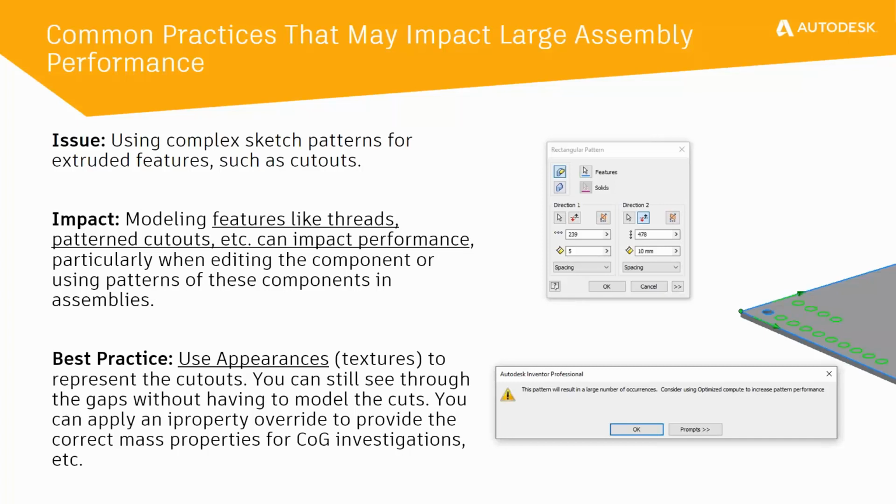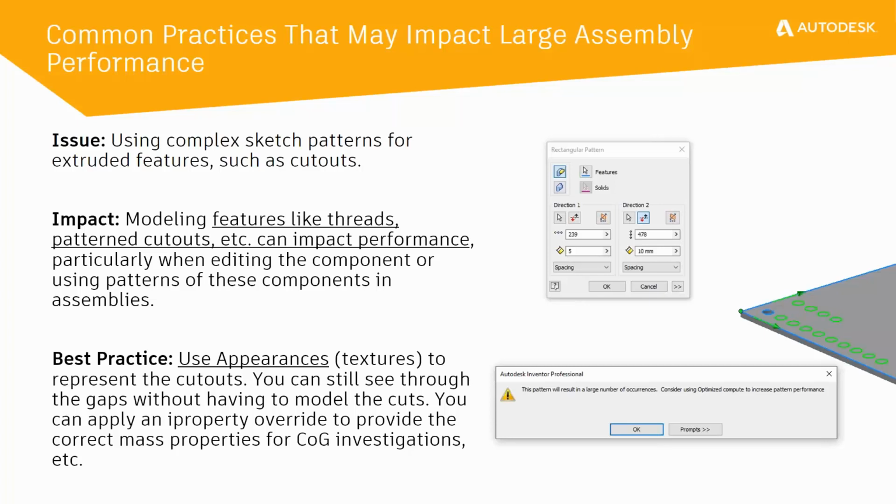Now, a common one that I've seen used in industry is you've got, say, a grating on a platform, and someone has gone and cut out all of the holes inside of the plating, or they've patterned all of the bars that go into that plating. Reality is it may significantly improve your performance by removing all of those pattern features or cutouts and simply replacing them with a texture.